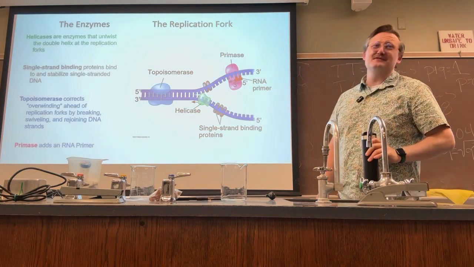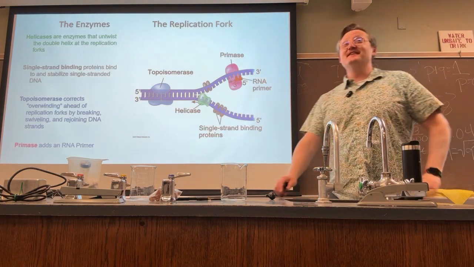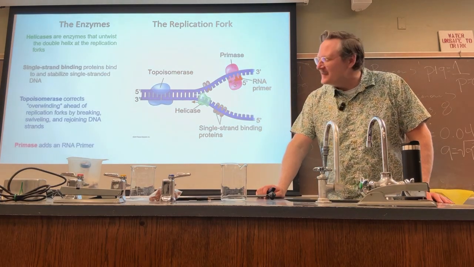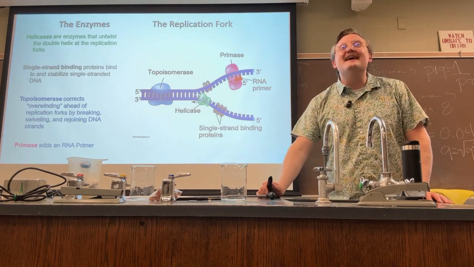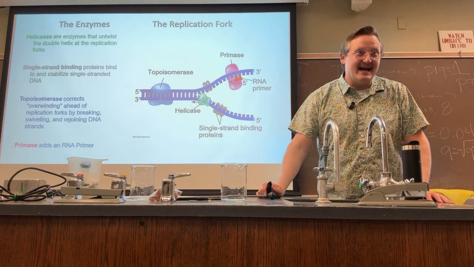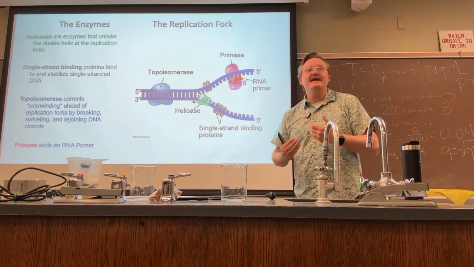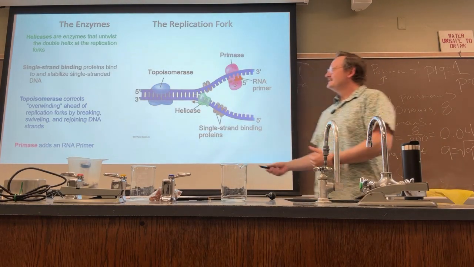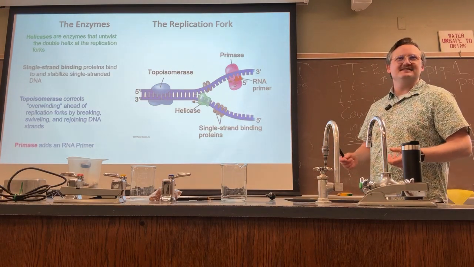If this slide looks familiar, it's because you've seen it before. We looked at this slide when we talked about the polymerase chain reaction. Remember, PCR uses heat to get rid of the need for a bunch of these enzymes.